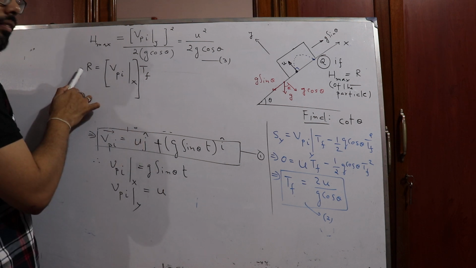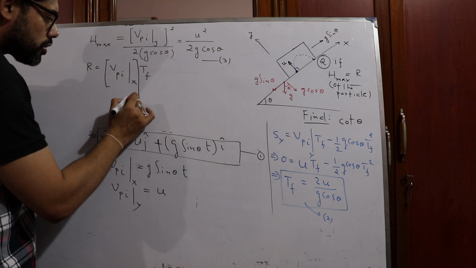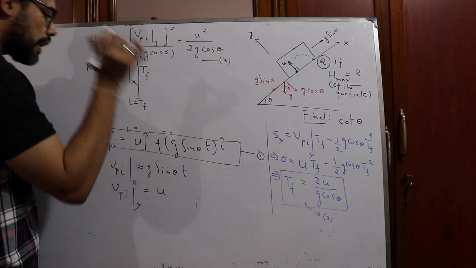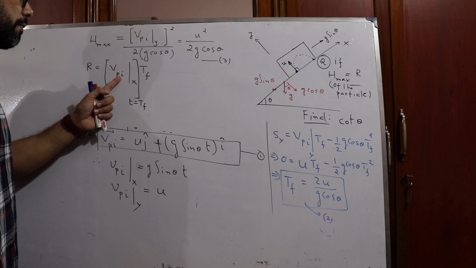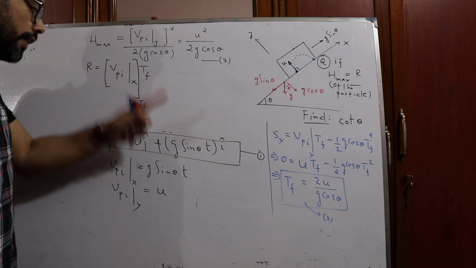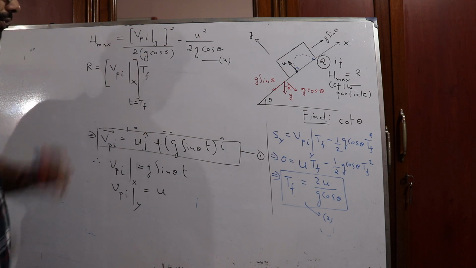So I want to find the maximum horizontal range. So t is equal to tf, this condition must be satisfied. So the velocity of the projectile with respect to the inclined plane, its x component when t equals tf, into tf.